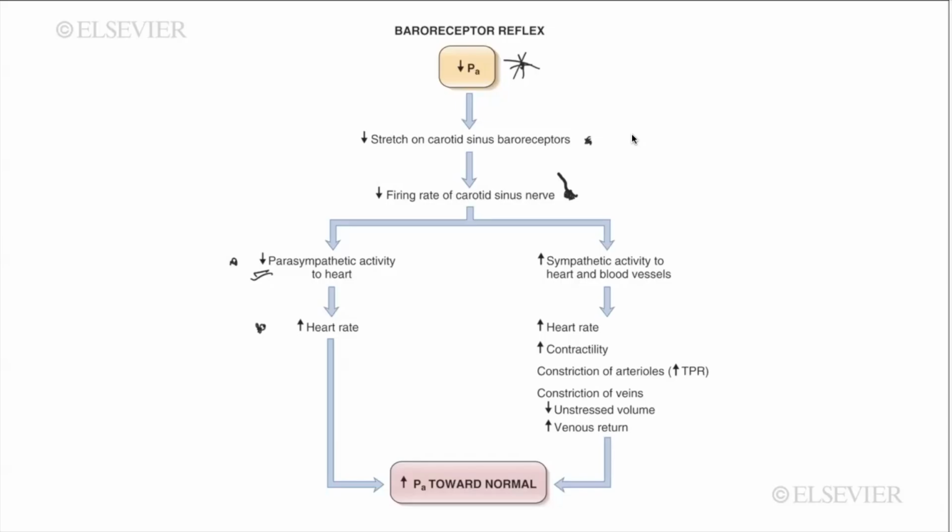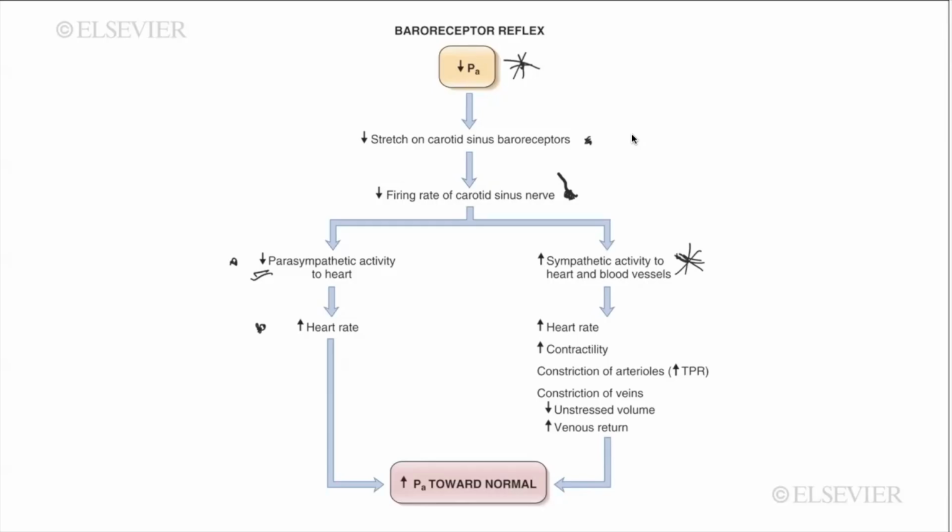The other effect of this baroreceptor reflex is to increase sympathetic activity, and that is going to be to the heart and blood vessels. Multiple effects. That increase in sympathetic activity is going to have 4 effects on the heart and blood vessels.